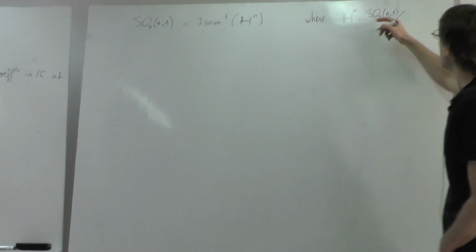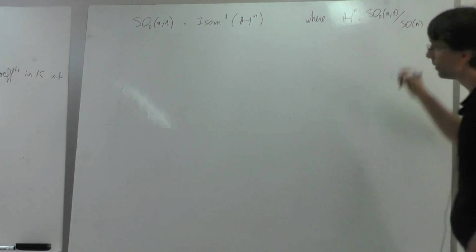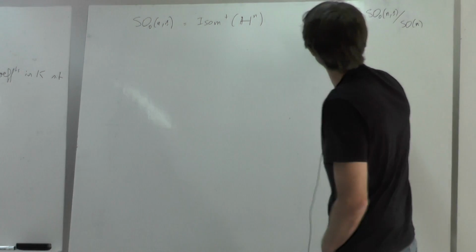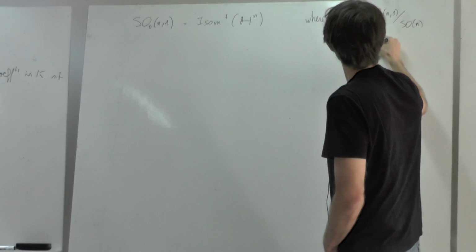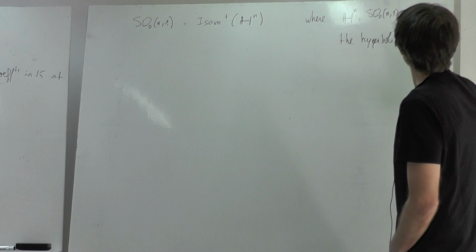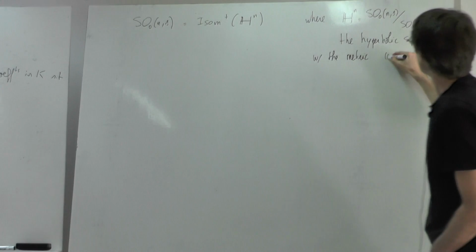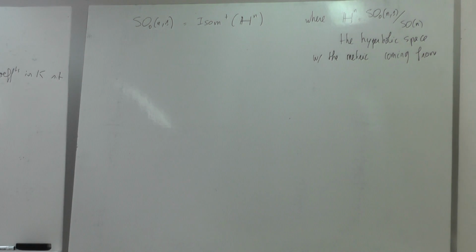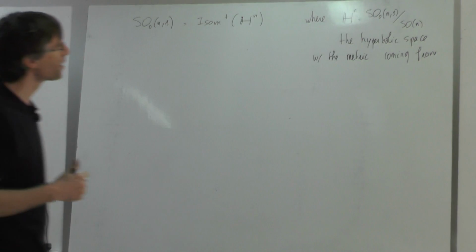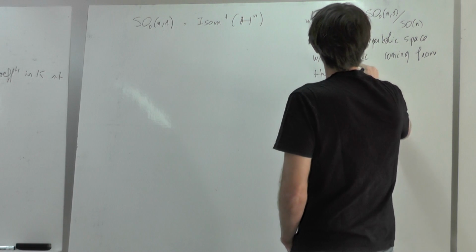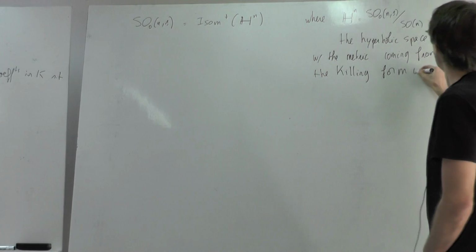It acts transitively on H^n, so this can be described as this quotient, and it carries a hyperbolic space metric coming from the invariant bilinear form, the Killing form on G.